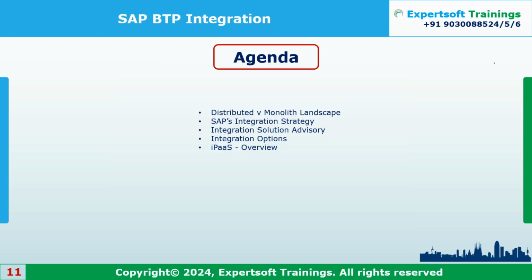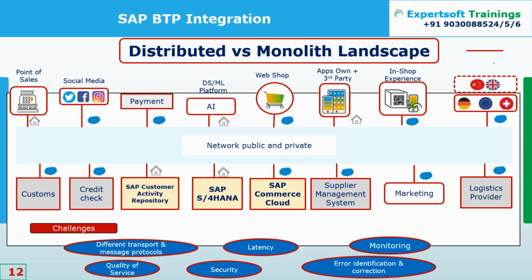Yeah, distributed versus monolith landscape. Without integration suite, in a distributed landscape, the data is coming from different systems and sitting in different places, and if the user wants to consume some data, he needs to go somewhere. So this is the distributed landscape versus the monolith landscape.